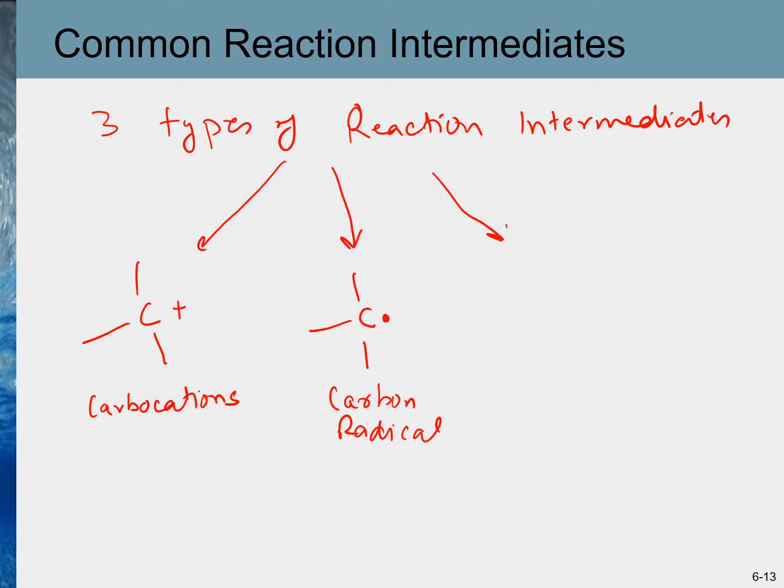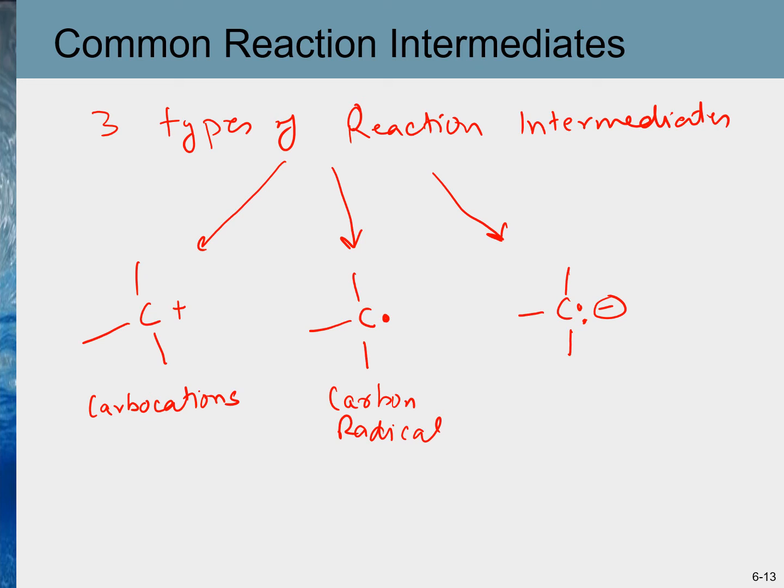And the third kind of intermediate is the one in which the carbon atom has a negative charge, and the octet of this carbon is complete, but because carbon does not have a high electronegativity value, it's also unstable.